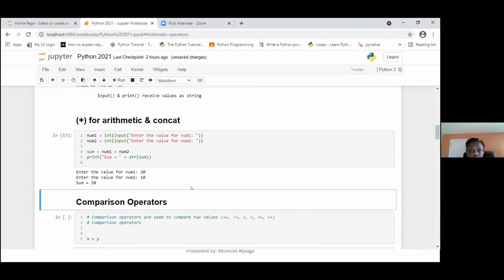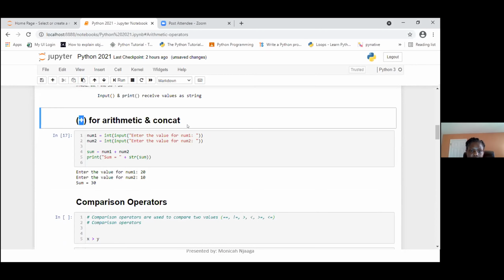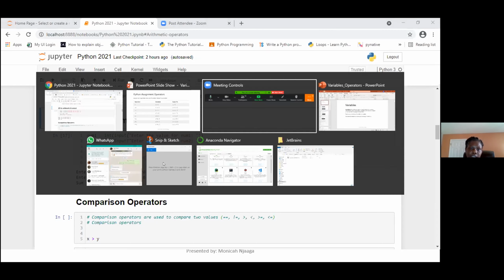So all this today, you can use the plus sign to do your math and also to concatenate, but then you have to do some conversion in the mix. It just won't come across as easy, but that's about Python. So I will go on to the next set of operators.